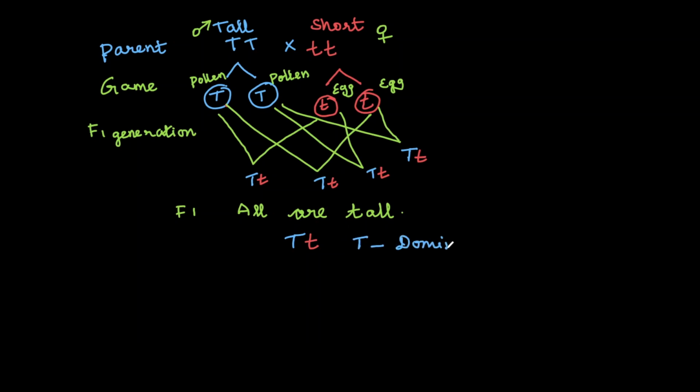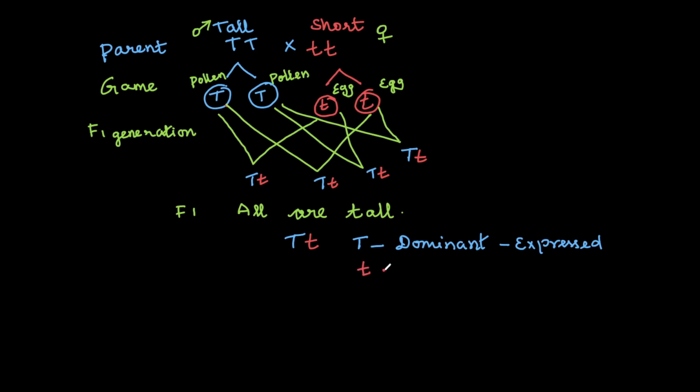The character which is expressed in the F1 generation is called dominant. The dominant expresses itself even in the presence of small t, so capital T represents the dominant character.